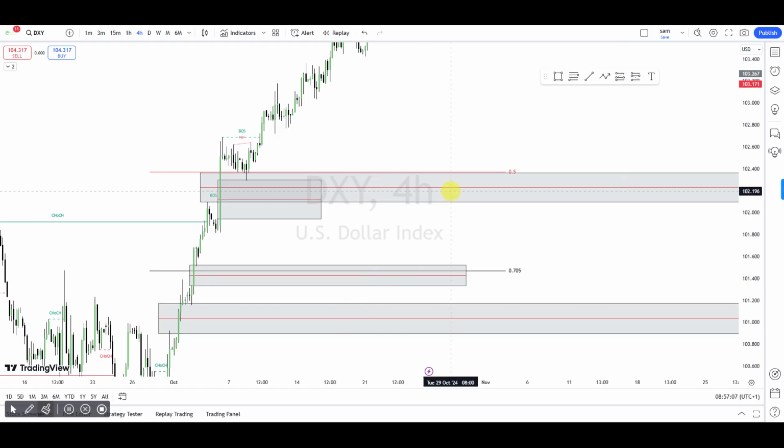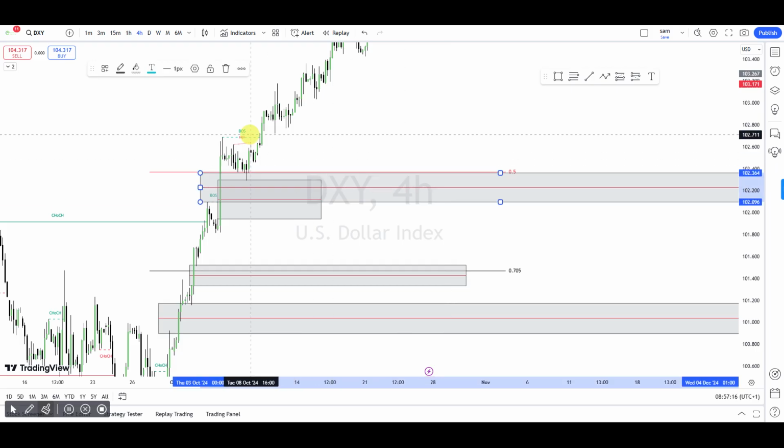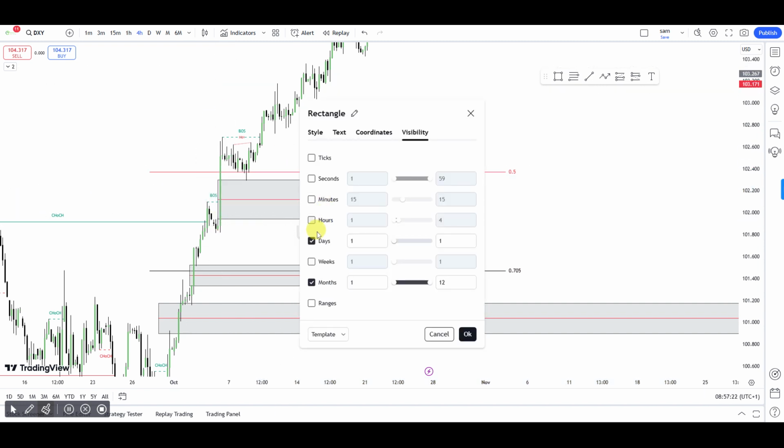So this is the 1 hour, 1 day trend. You can see it's not clear, but then we can get the zone which we are anticipating. So I'll take this out.